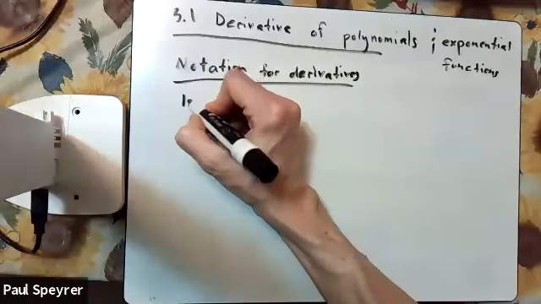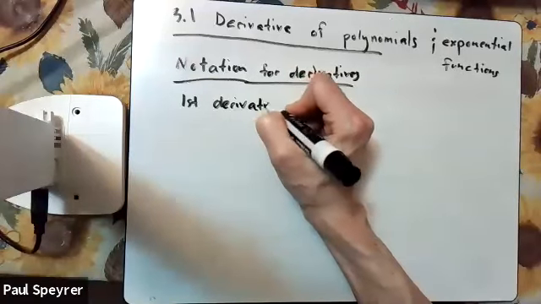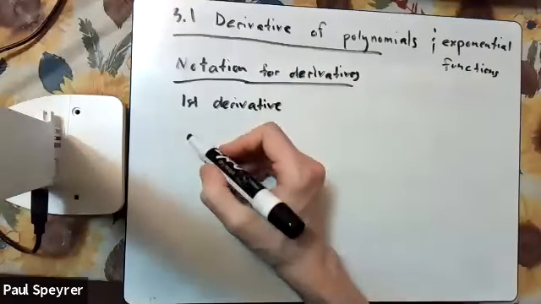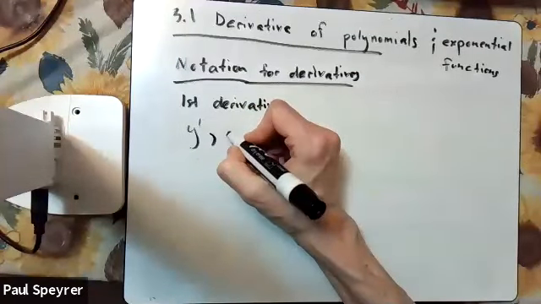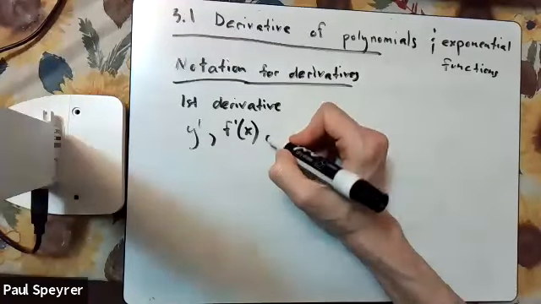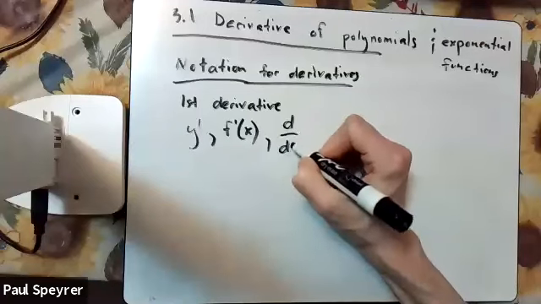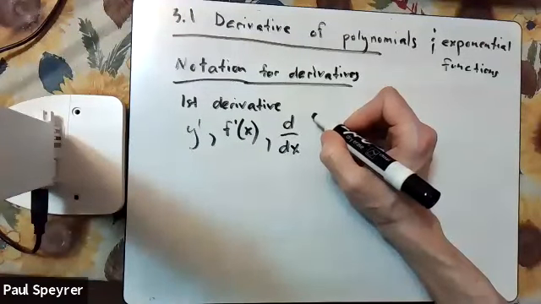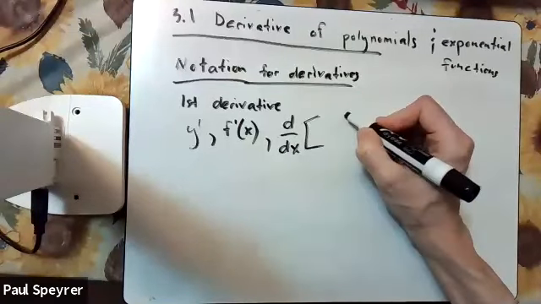So remember, if we have like the first derivative, we talked about it a couple days ago. You could have y prime, we could have f prime of x, for example, like that. Another one that I'm going to introduce is something called d dx of a function, or really it can be anything.